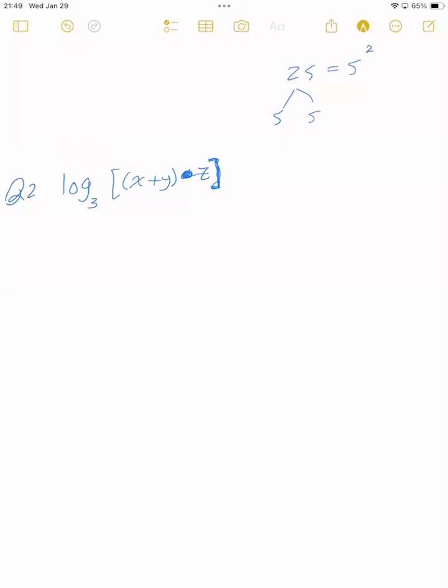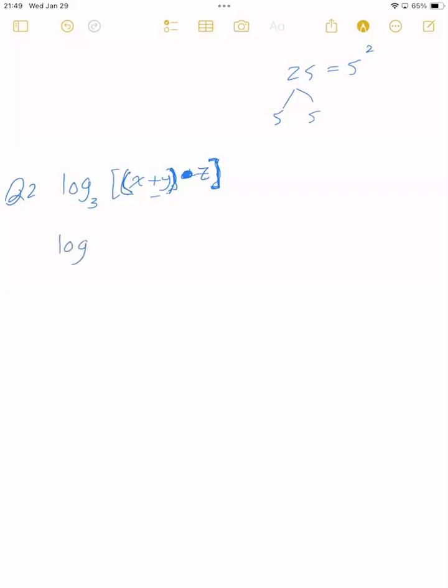Question number 2. We have log base 3 of (x plus y) times z. So we said there is a property for product. We don't have a property for addition here. We don't have any property for this piece, but we have a property for parentheses times z.